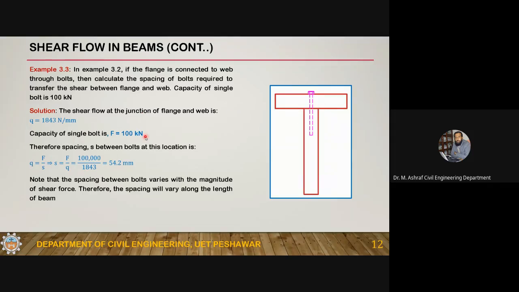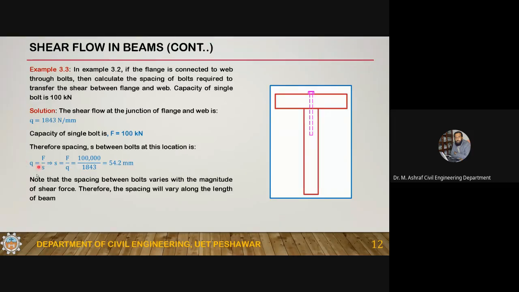The capacity of a single bolt is 100 kilonewton. Then, shear flow is a force per unit length. So if you are applying bolts at a certain spacing S, and the capacity of a single bolt is F, and this force per spacing is equal to the shear flow, then the capacity will be exactly equal to the demand.